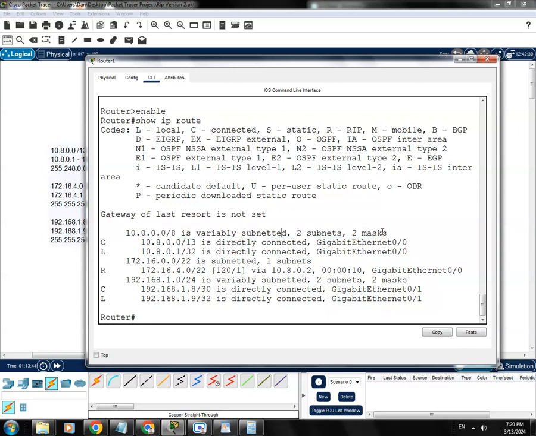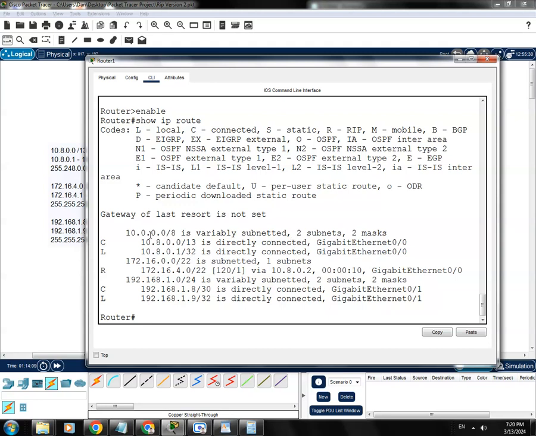Meaning, they cannot be resolved as next hop IP addresses, and they do not resolve on any interface. Also, the parent route tells us how the network is being subnetted.